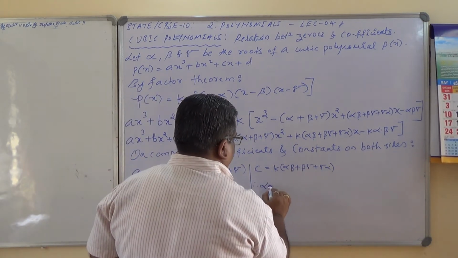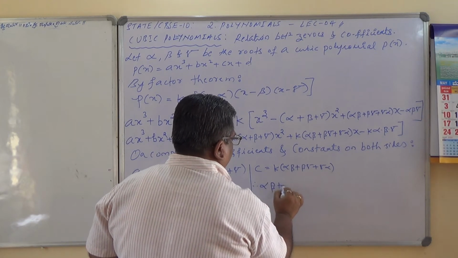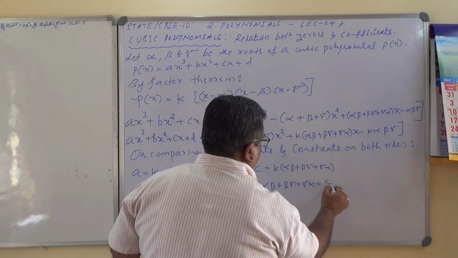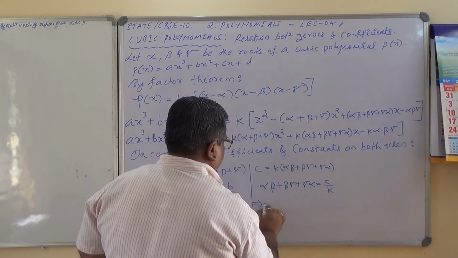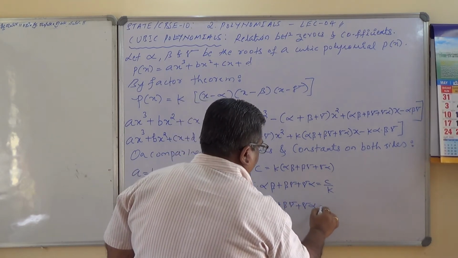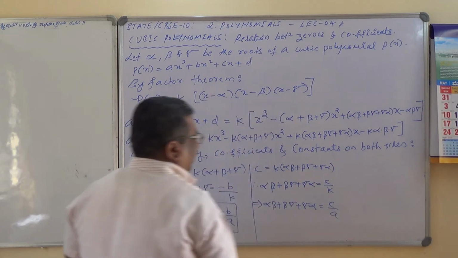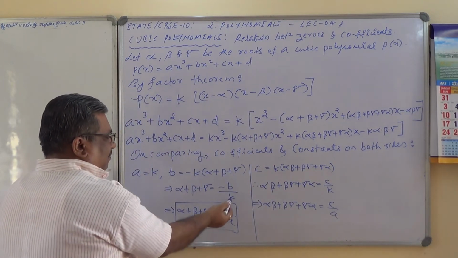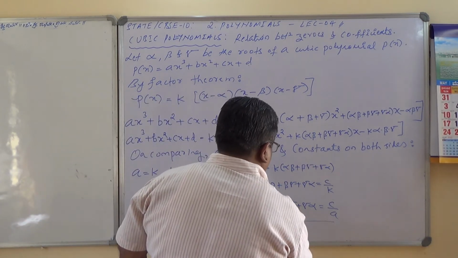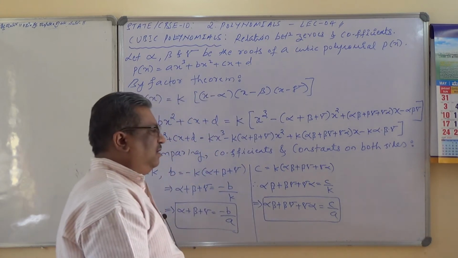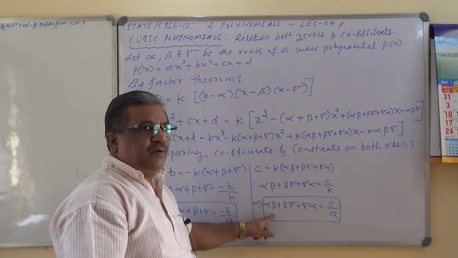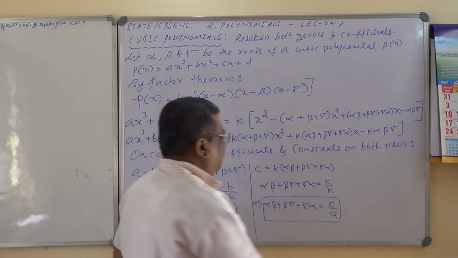So therefore alpha beta plus beta gamma plus gamma alpha equals c by k, which implies it is equal to c by a. Why is it so? K is equal to a, therefore wherever k is coming, I am replacing it with a. This is the second important result: sum of two zeros taken together.